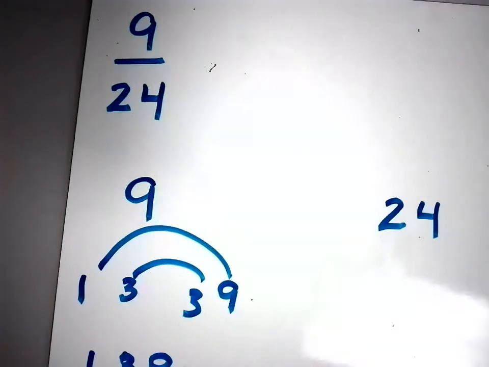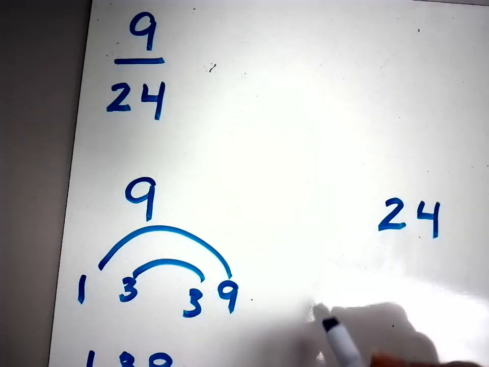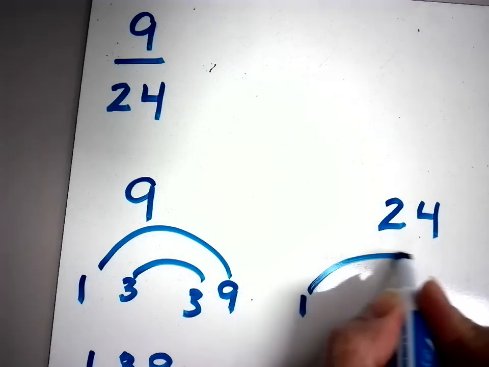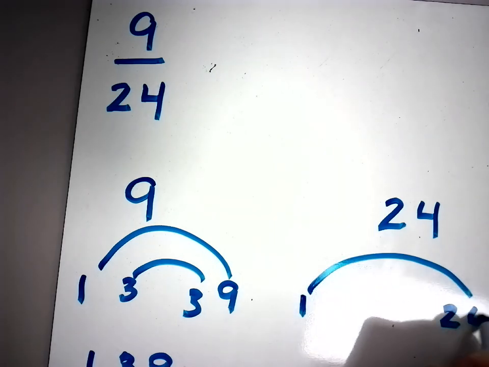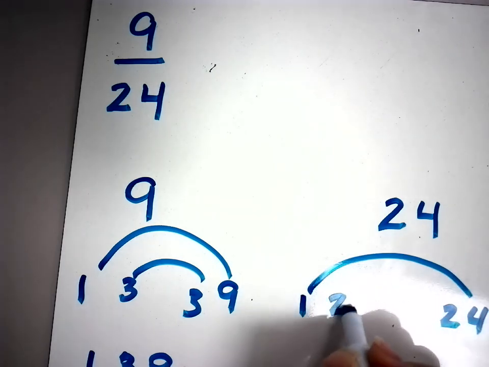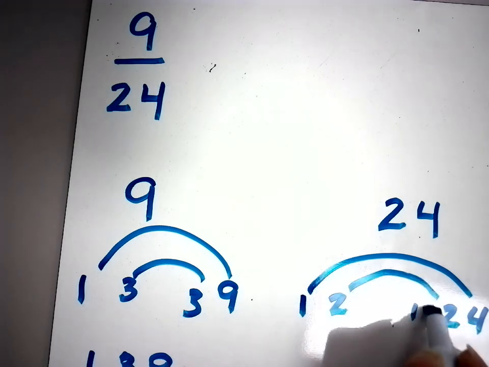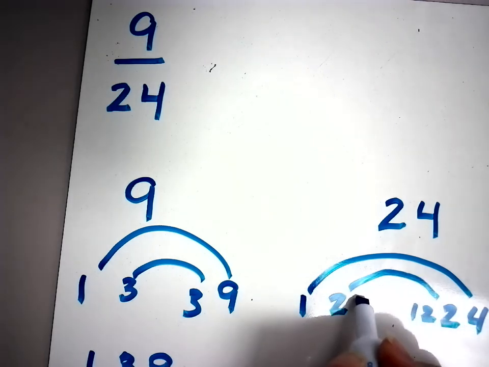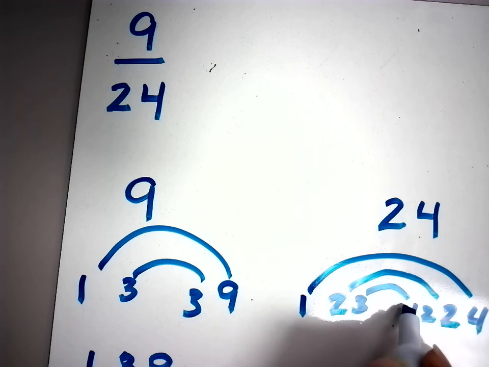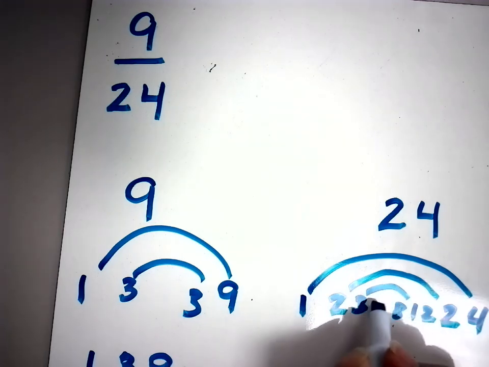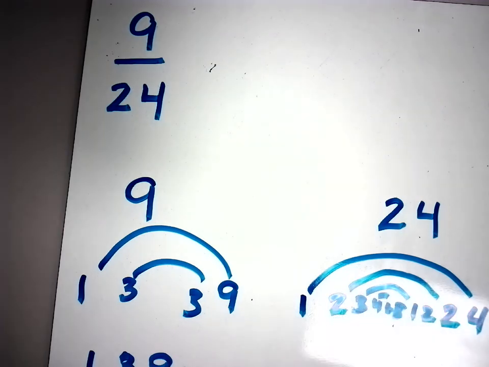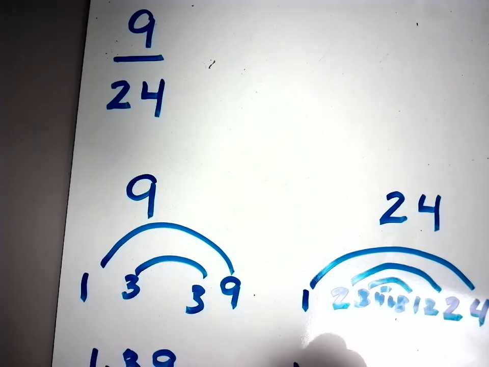Going to do the same thing for 24. 1 times 24, 2 times 12, whoops, I didn't make a lot of room, 3 times 8, 4 times 6. So my factors for 24 are 1, 2, 3, 4, 6, 8, 12, and 24.